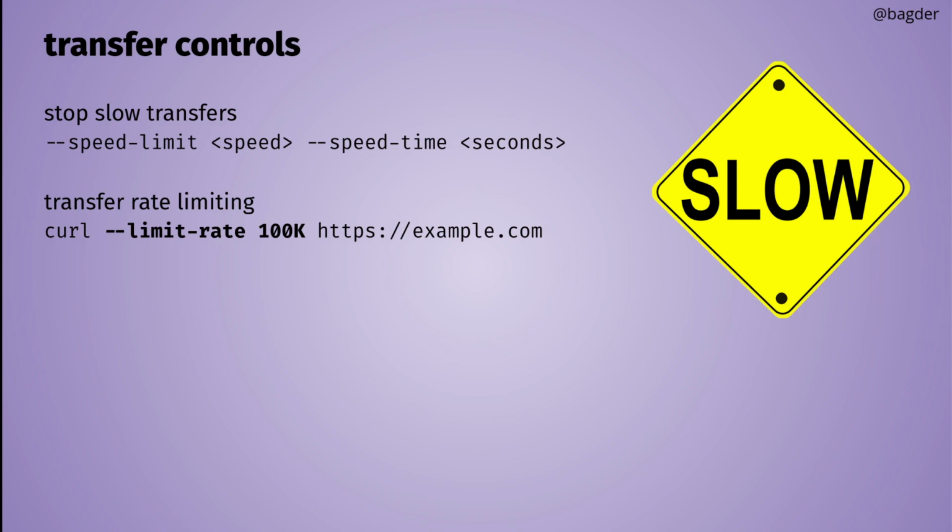Basically, it could be useful if you want to run a huge number of simultaneous curl command lines and you have limited bandwidth, so you make them work together in a better way. If you want to limit the rate, slow it down, make sure it doesn't go faster than this.